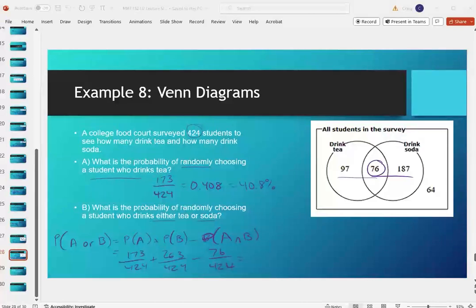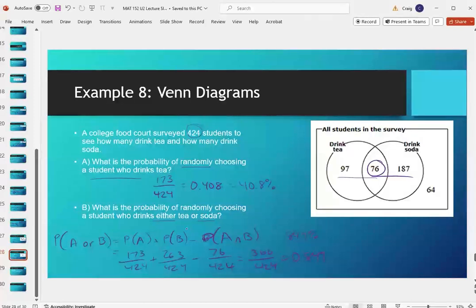If you do that, 173 plus 263 minus 76, 360 divided by 424, 0.849 or 84.9% who drink one or the other.